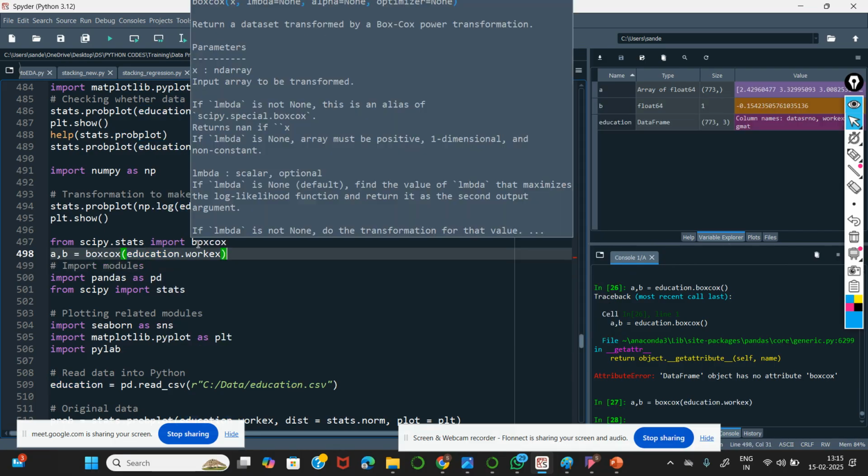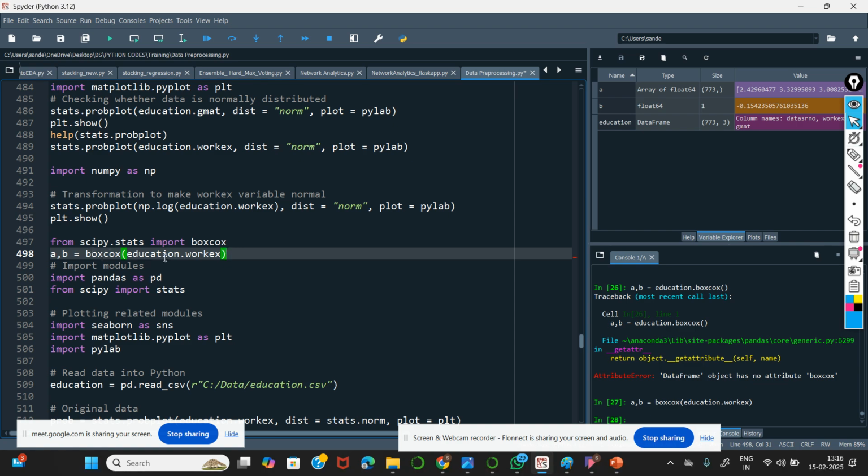So I implemented boxcox. I directly imported boxcox and implemented it. If I implement it, as I told you, it will keep calculating for lambda. The lambda value is going to vary from -5 to 5. Along with that, it will use that particular formula: x to the power lambda minus 1, divided by lambda. That formula is used when your lambda is not equal to 0 and your x values are greater than or equal to 0. If your lambda value is 0, it will calculate log x. Fine. Let's see what lambda value it has calculated.